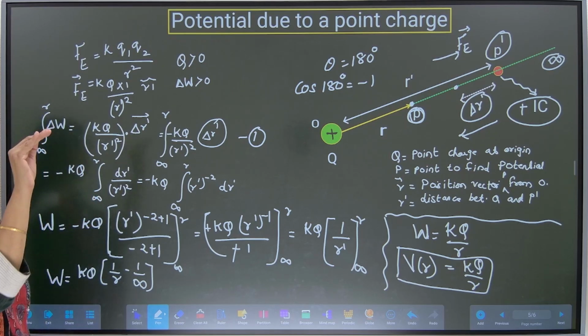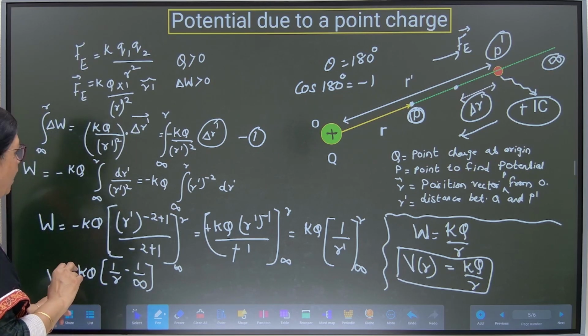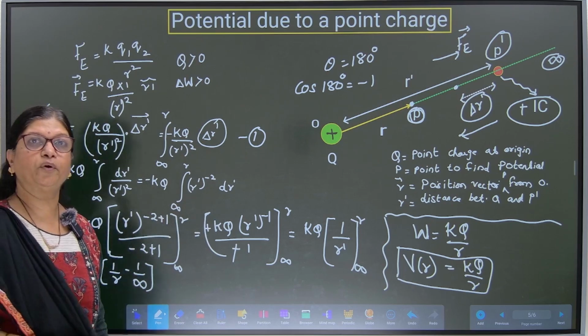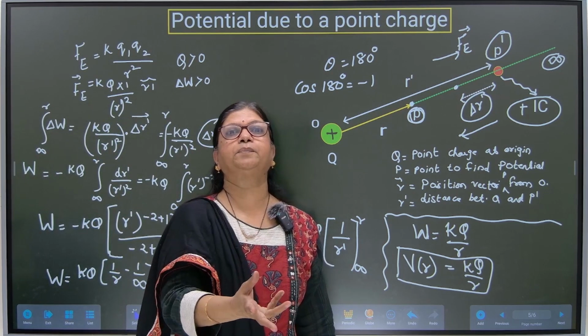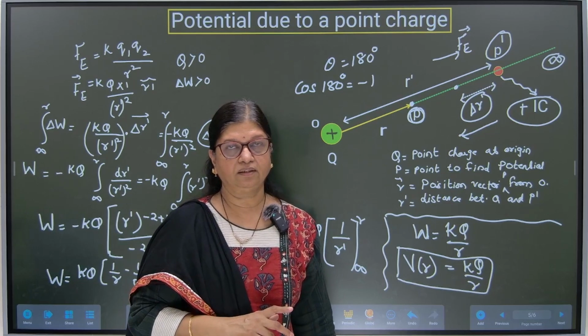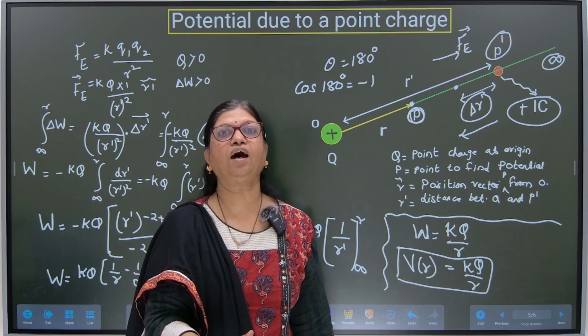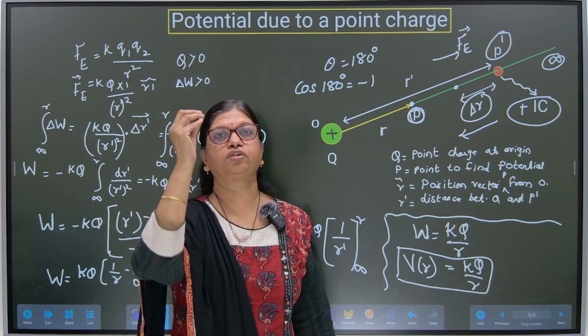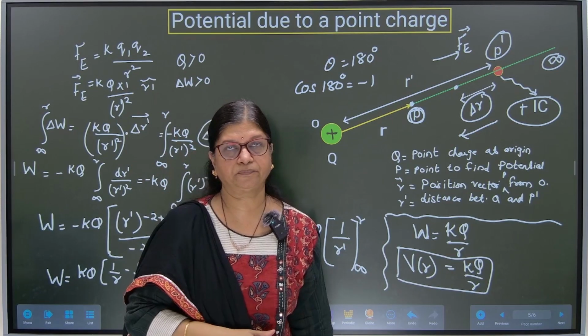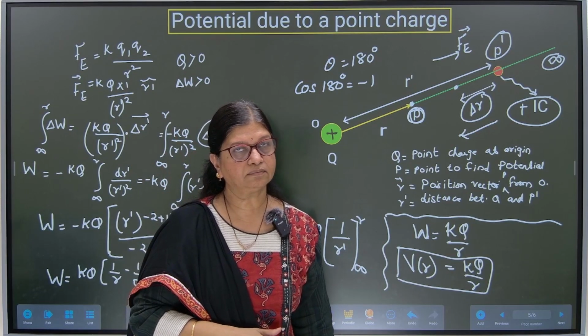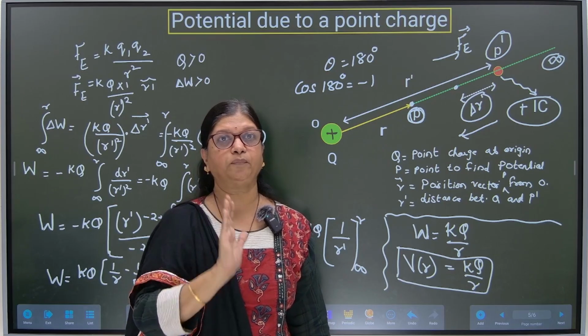Integrated from infinity to R, the total work is equal to KQ upon R. That work done itself is the potential energy of the charge at a point P from the charge. I hope I am clear with what I am doing.